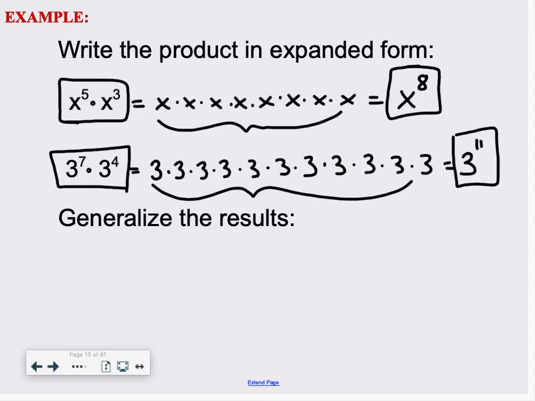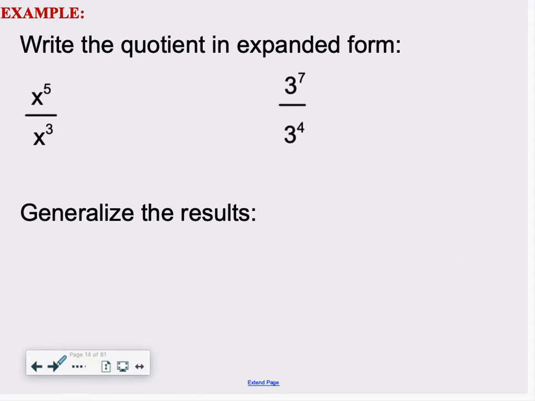So if I generalize my results, if I have the same base, like x to the m times x to the n, notice they're both bases of x, however, I can just add those exponents together. So when you multiply bases, you add their exponents.